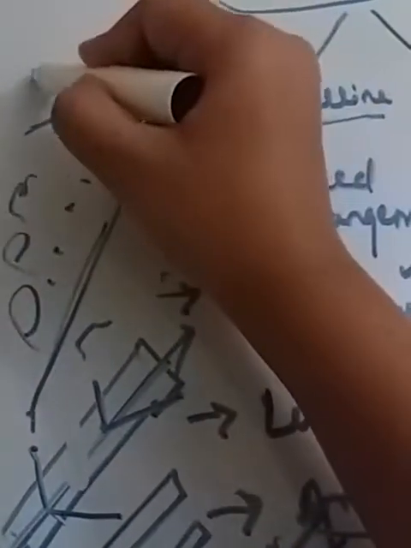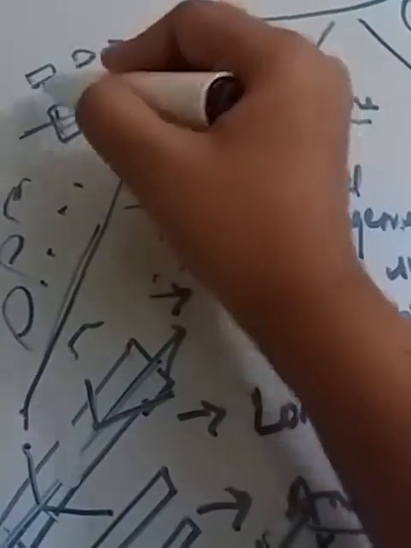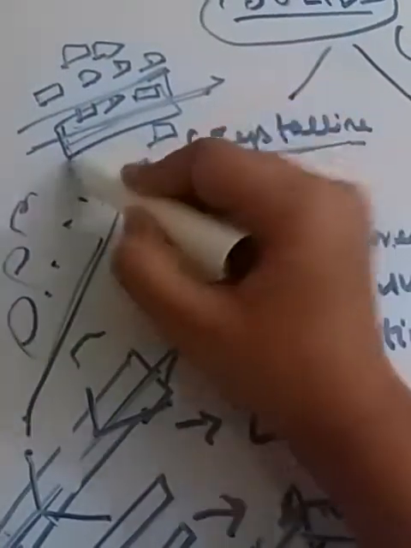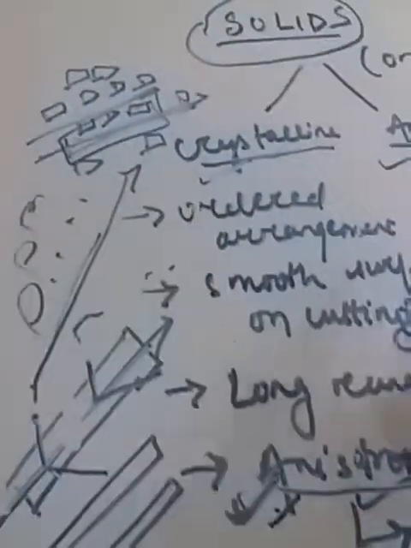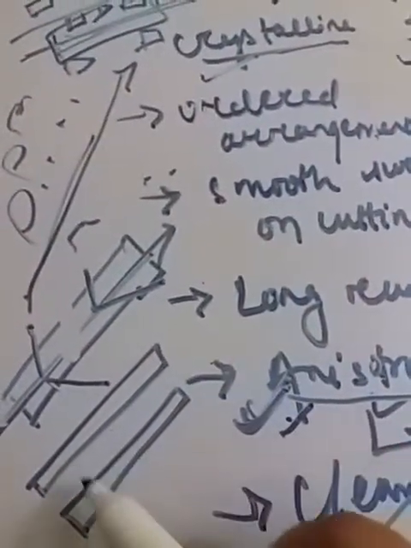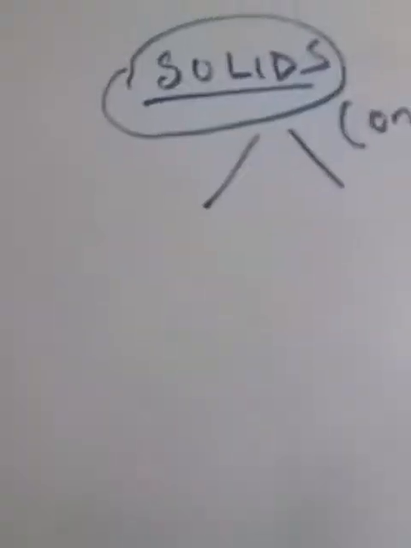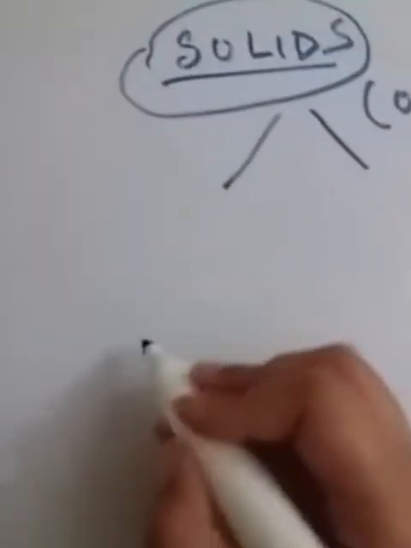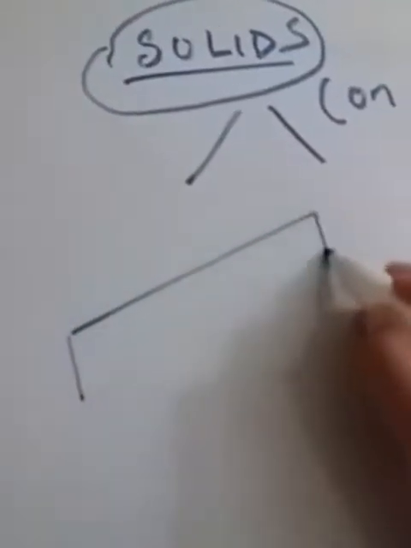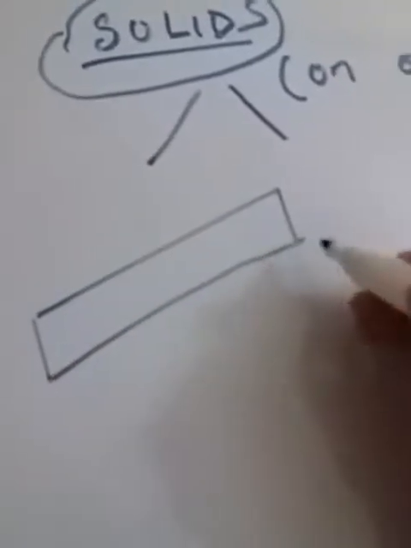But when you cut amorphous, you will get pieces like this on both sides, with some part of it scattered somewhere. I'm explaining again in case it became a bit confusing: cleavage property on crystalline, cleavage property on amorphous.